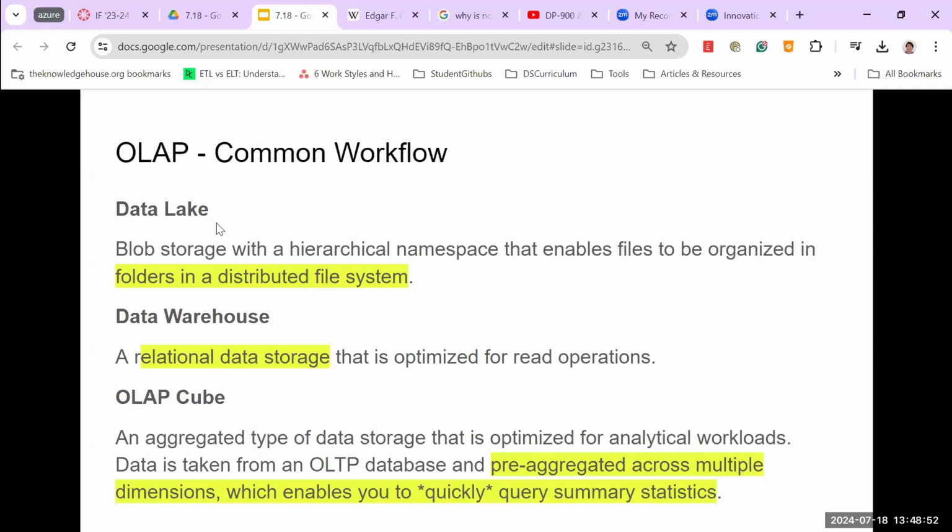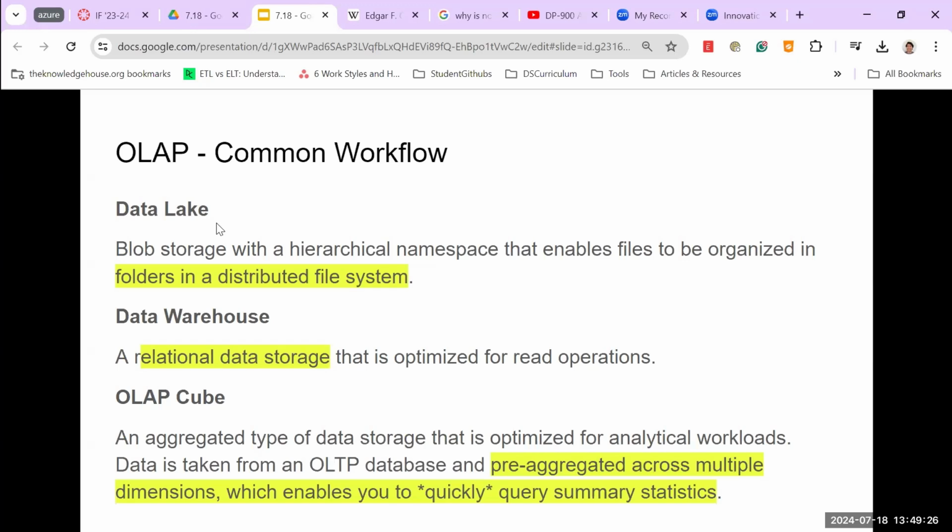Now, a data warehouse, which is actually step two of this pipeline, is a relational data store that is optimized for read operations. There are certain schemas that we can use to design the tables in such a way that we can request specific analytical information on our data that was previously in a data lake.